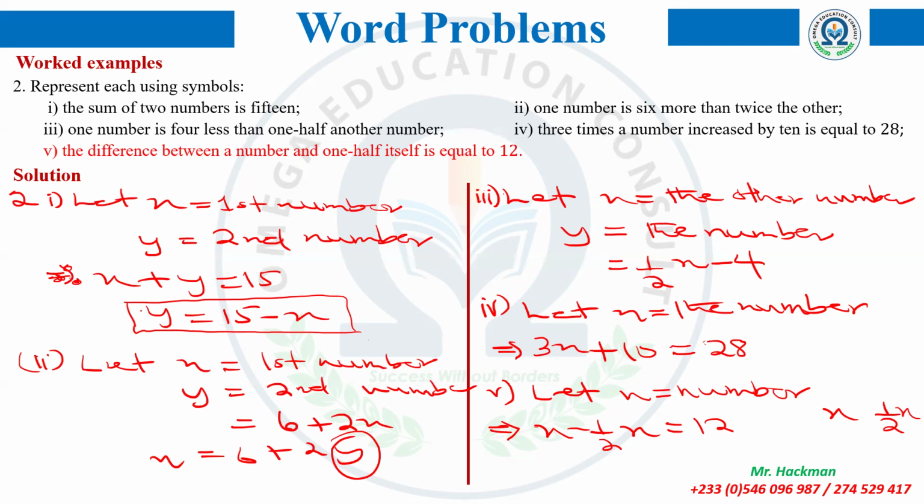Because you are told that you are talking about the difference between a number and one half. So whenever we say the difference between A and B, that will always be A minus B. So it will always be your first minus the second.